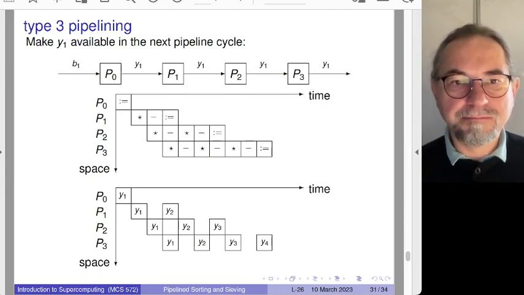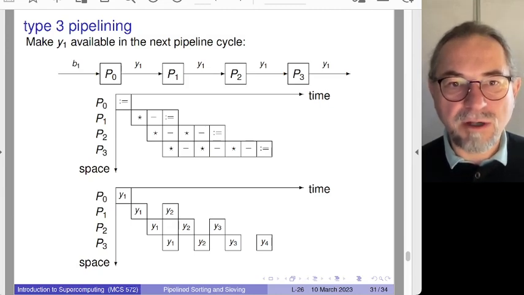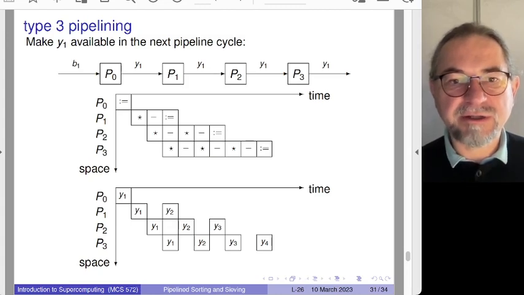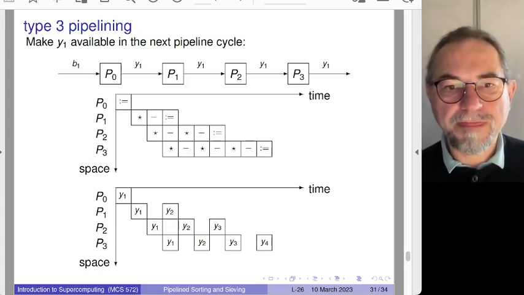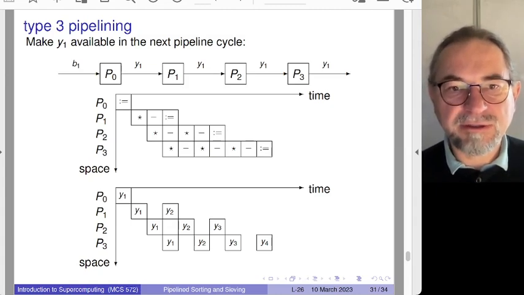P1 receives y1, does a multiplication and a subtraction and an assignment, and then sends y2 through. And you see that the operations can overlap.